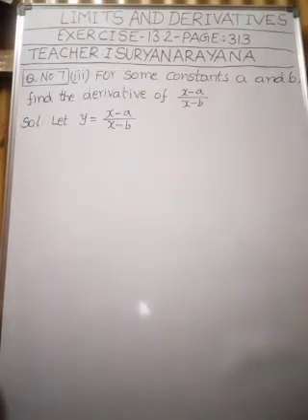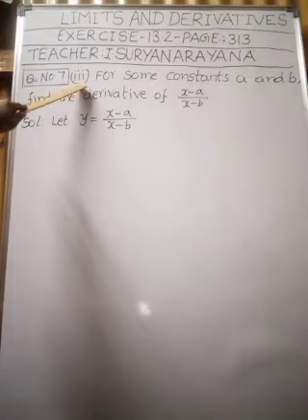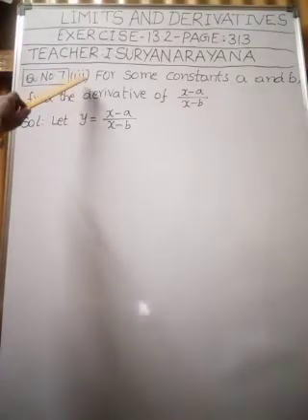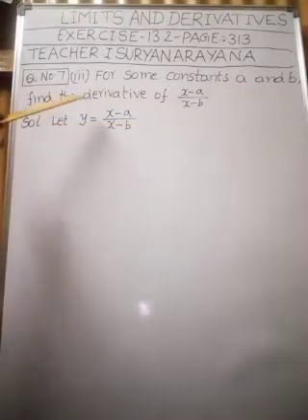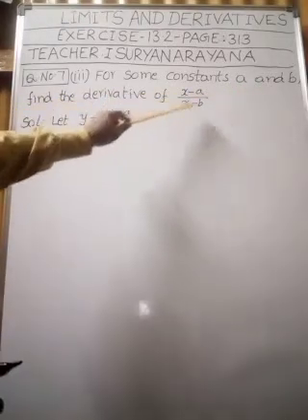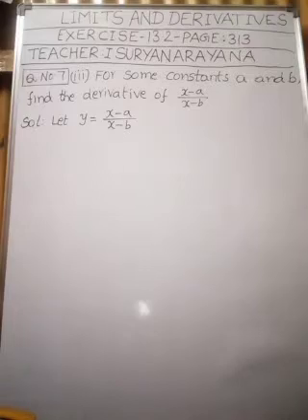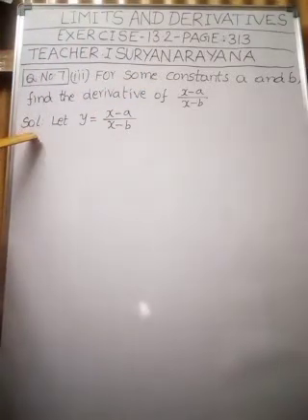Now come to the next question, that is the third question, third part. In question number 7, third part. For some constants a and b, find the derivative of x minus a by x minus b. Okay, my children, understood this question? Right. Come to the solution part.